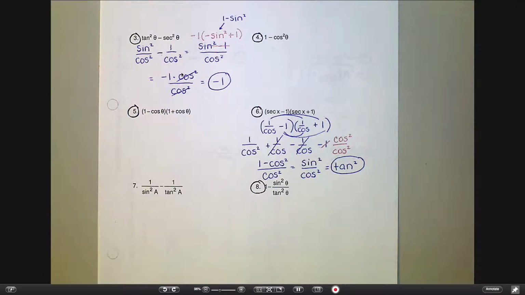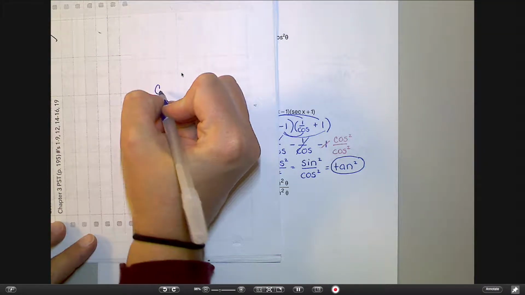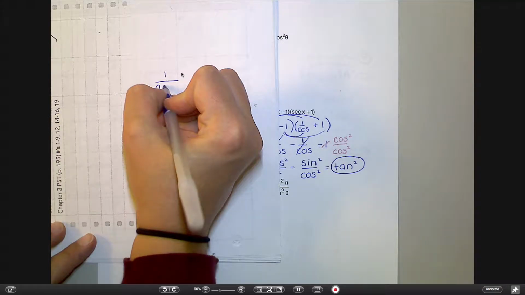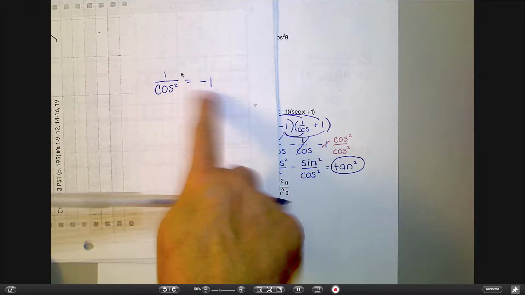Okay, the problem with doing that, with what you just said, was you can only multiply on both sides if you have it equal to something. You can't just take an expression and multiply both of them by something and have it stay the same. I think you're thinking of, if you had 1 over cosine squared equals negative 1, then you could multiply both sides because there's an equality there.